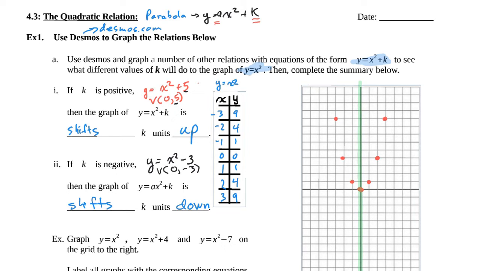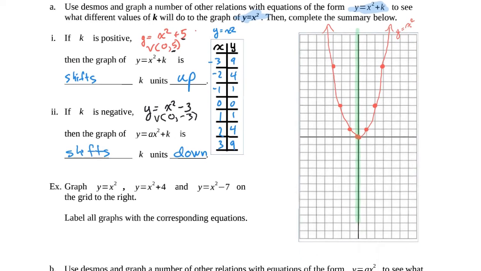So it makes this very easy for us to graph these parabolas. Okay, so now we have our basic graph matched and pointed out properly. So the key idea is, if I have x squared minus a number, the graph shifts down. If I have x squared plus a number, my graph shifts up. That's all it does. So let's take a look at this set of problems right here.